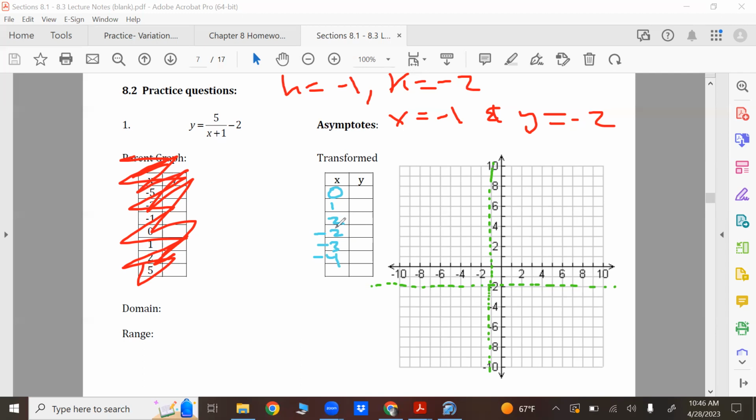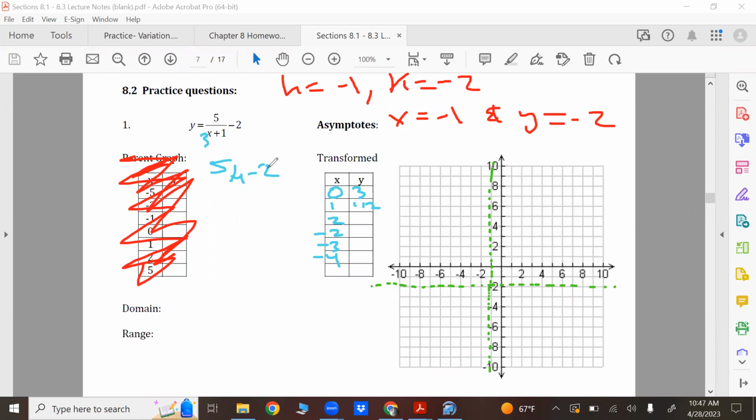And then if you plug in 0, I know I get 3. 5 minus 2 is 3. If I plug in 1, I get 5 halves minus 2, which is 1/2. If I plug in 3, I get 5/4 minus 2, which I think is... What was that?